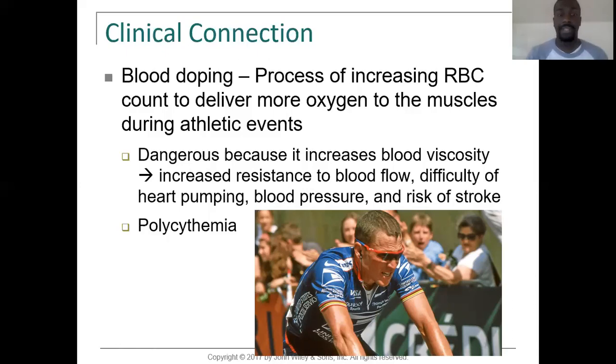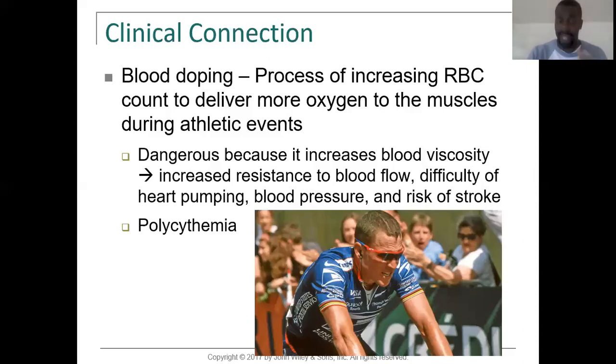Okay? And so that is where we end up with polycythemia, where you have an increase in the red blood cell production. Okay? Now, while this does help increase your ability to perform, this is also really dangerous because this causes the blood to become a lot more viscous. And instead of moving like water, it eventually moves more like syrup. Okay? Now, because the blood becomes a lot thicker, more resistant to moving, the heart has to pump a lot harder in order to pump that blood to where it needs to go.